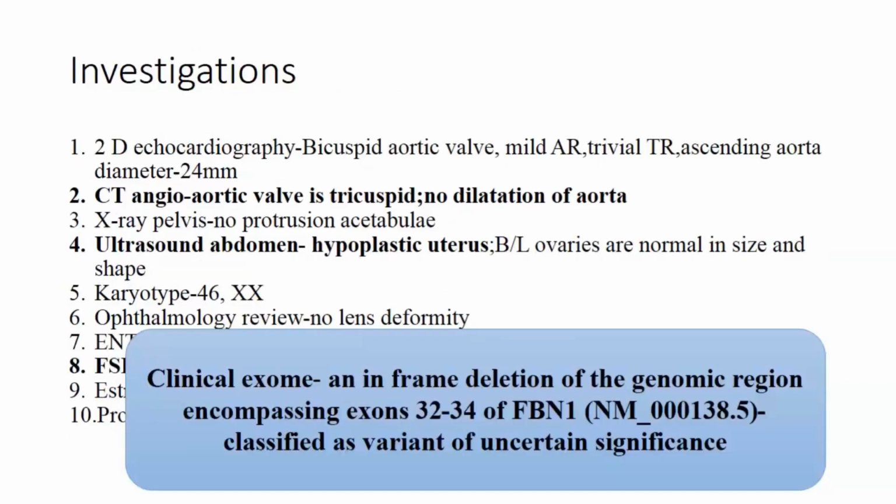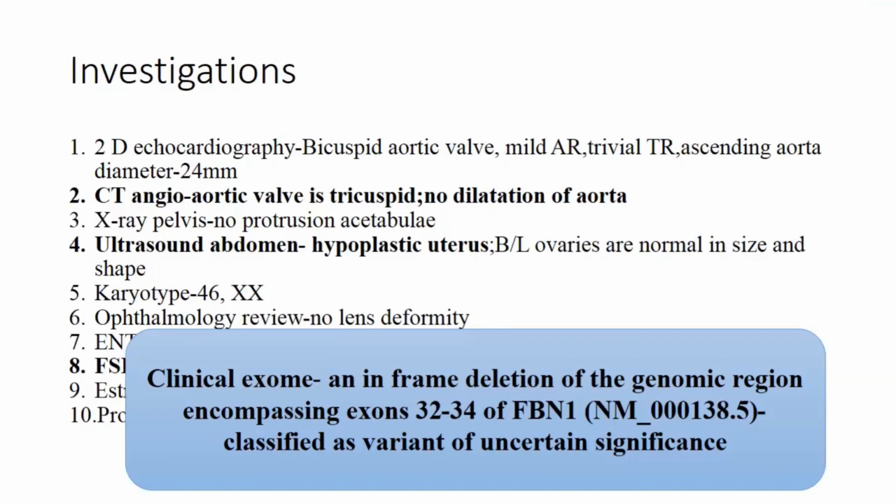FSH and LH were raised. And if you look at point number 6, ophthalmology review: no lens deformity. So despite having a VUS in the FBN1 gene, an in-frame deletion which does lead to Marfan syndrome, she does not have any physical features of Marfan syndrome, apart from the clinical features of a Marfanoid habitus.